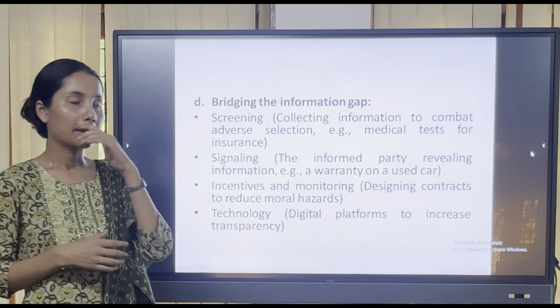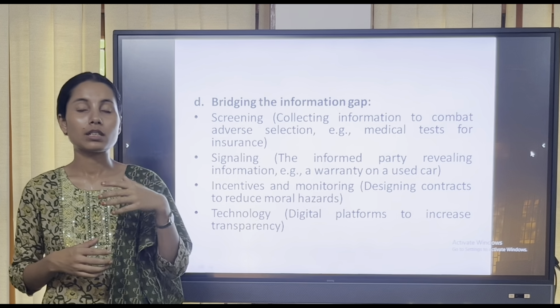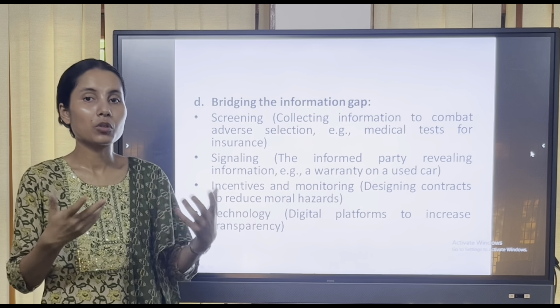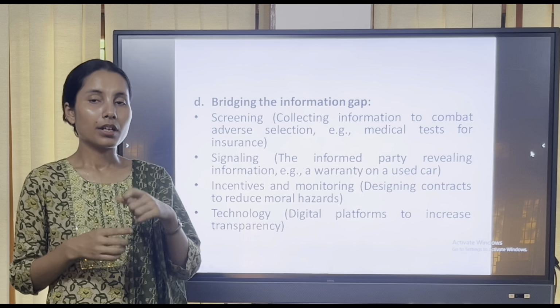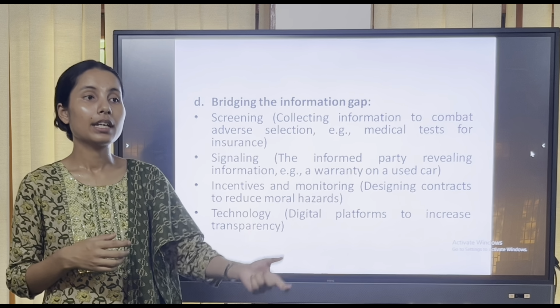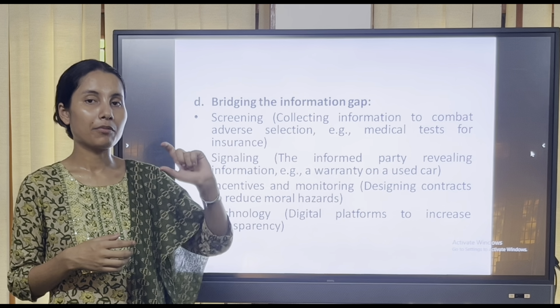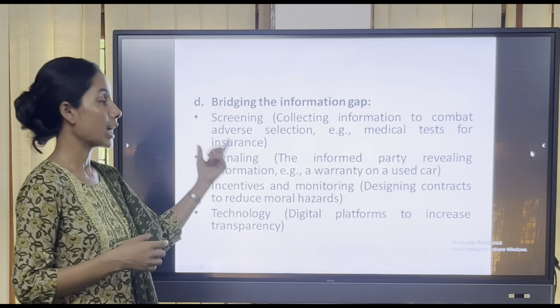There is also signaling, and who can use this signaling? Suppose in the used car market, we were saying that buyers do not know about the quality of the cars, therefore they were hesitating to pay the higher price, right? But the owners of good cars can signal to us that they are selling good quality cars with the help of steps like providing a warranty, right?